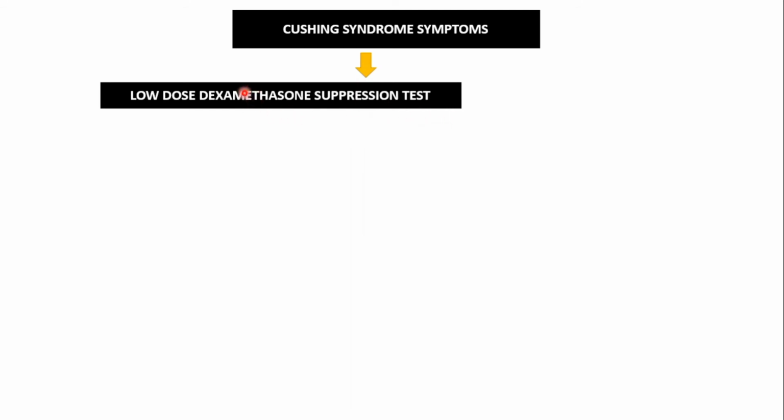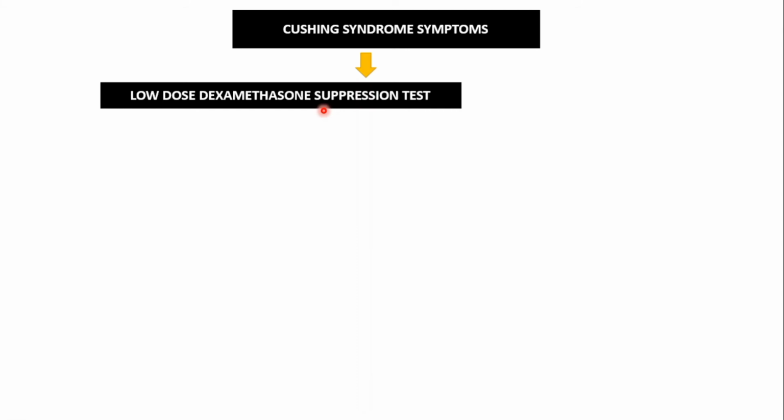Dexamethasone is something just similar to cortisol. You give a tablet of dexamethasone. Usually in the morning, the level of cortisol is high. That is due to diurnal variation that normally happens in every one of us.